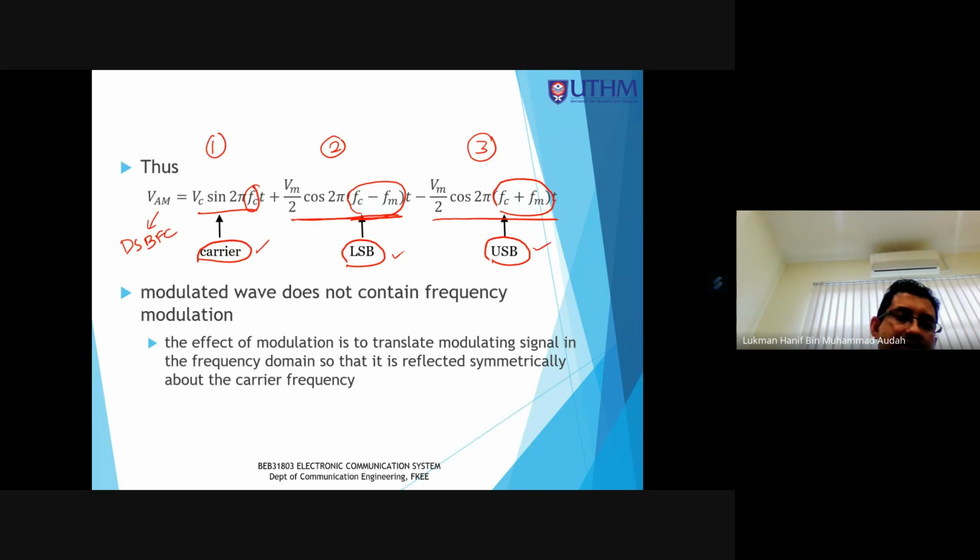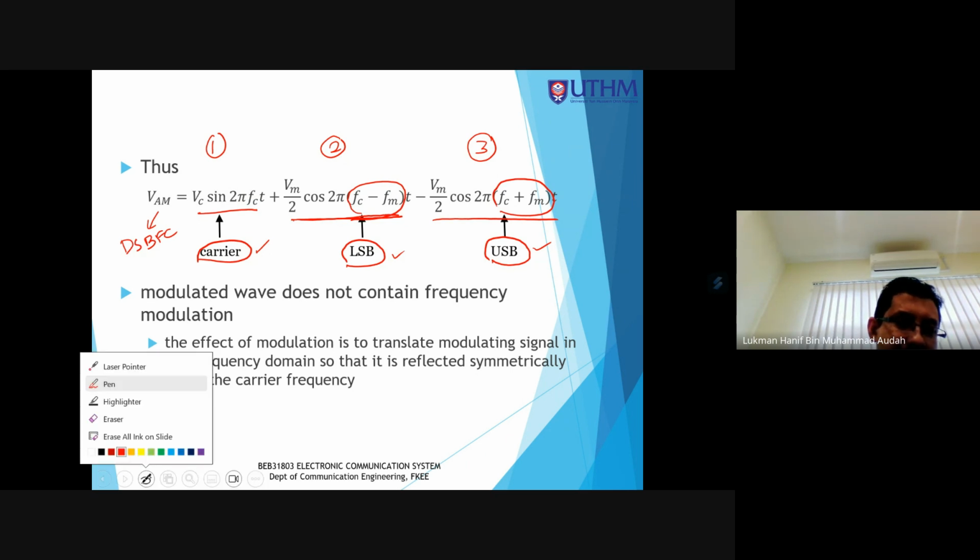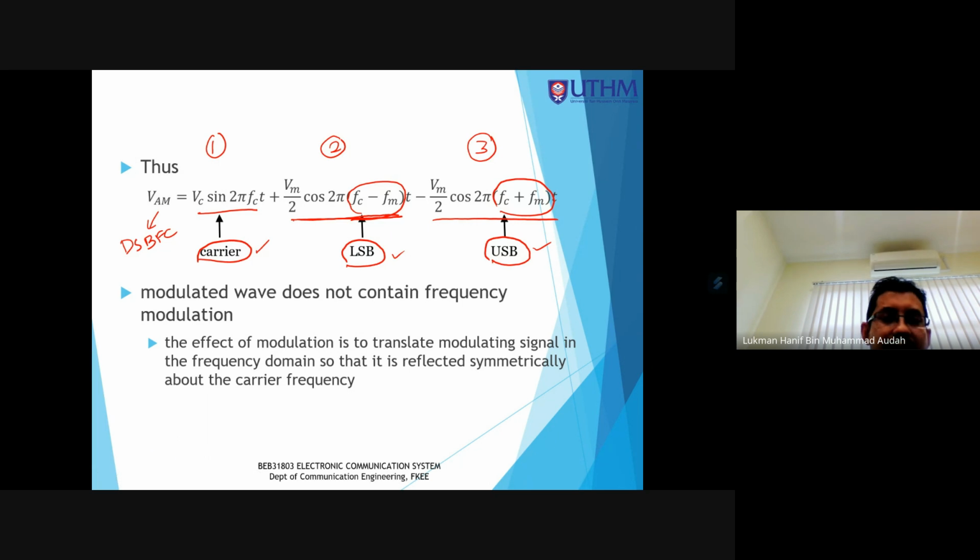Maybe I can use a different color, for example. So let's say I use a different color. The first thing you can spot is the frequency. You can spot the carrier frequency, the lower sideband frequency, and also the upper sideband frequency.